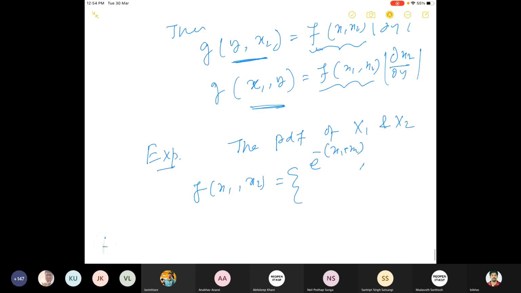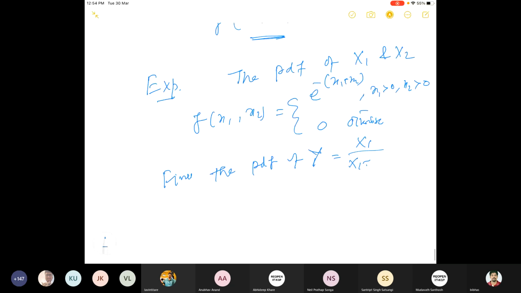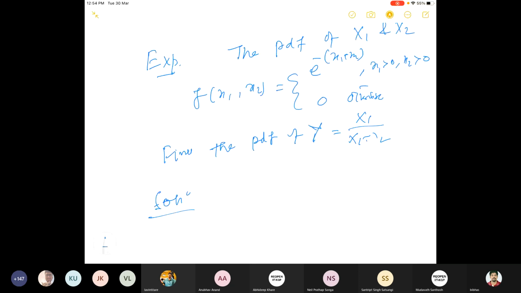Suppose the question is to find the PDF of y, which is x1 by (x1 plus x2). Now see, what is the relation between y and x1 when x2 is constant, or between y and x2 when x1 is constant? That we have to see first.